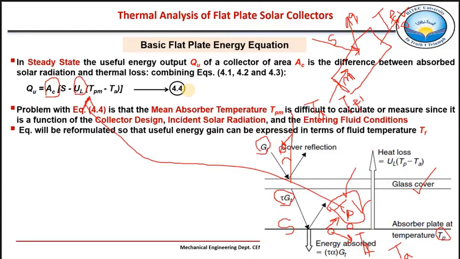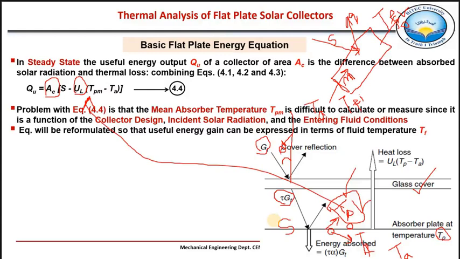Now, from this analysis which we have done so far, we can define the efficiency of this solar thermal collector, because in any thermodynamic or thermal system, we are always interested to know the efficiency of that system, right?